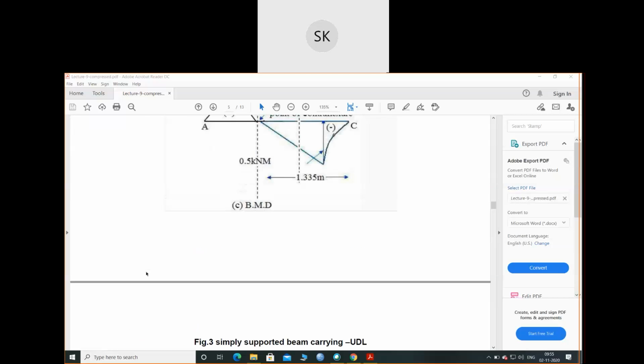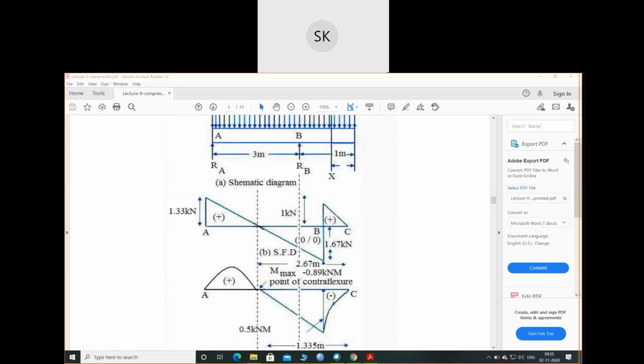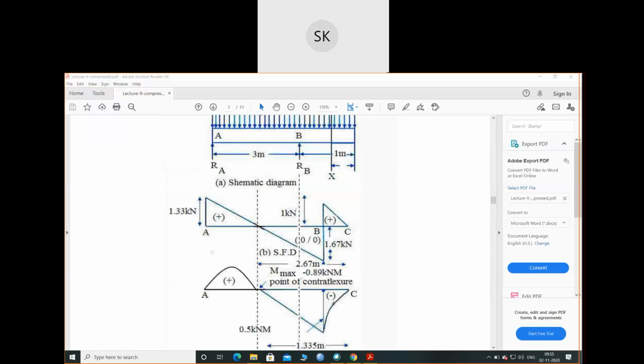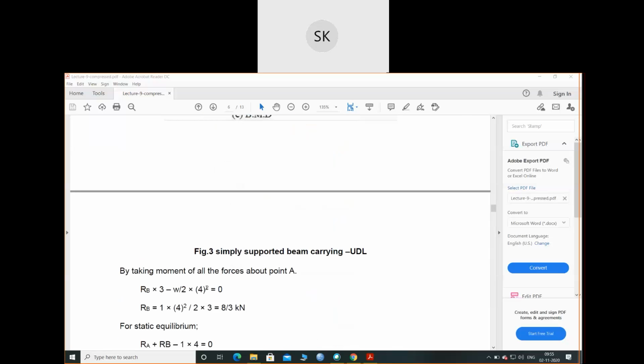If I take moment about this point, the moment will be RB into 3 minus the UDL W into 4 by 2, so W by 2 into 4 squared, equals 0. Taking moment of all the forces about A.